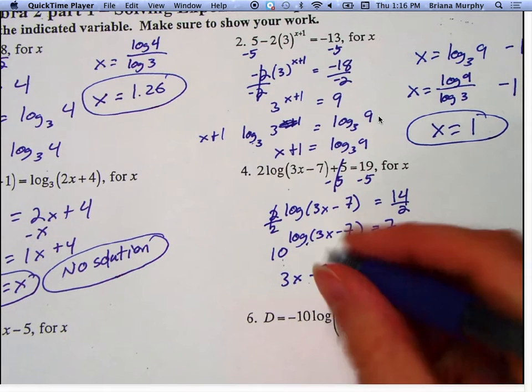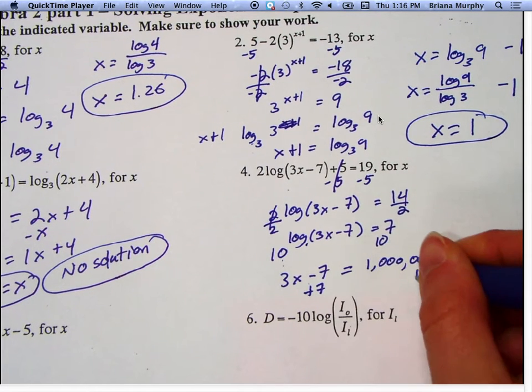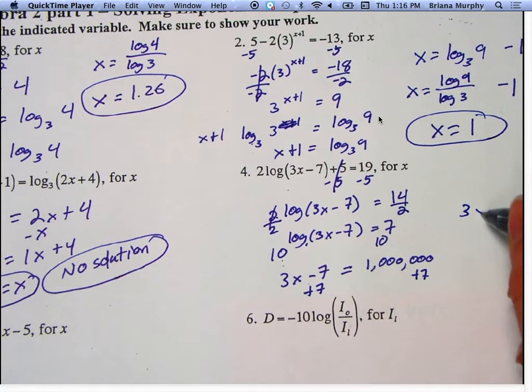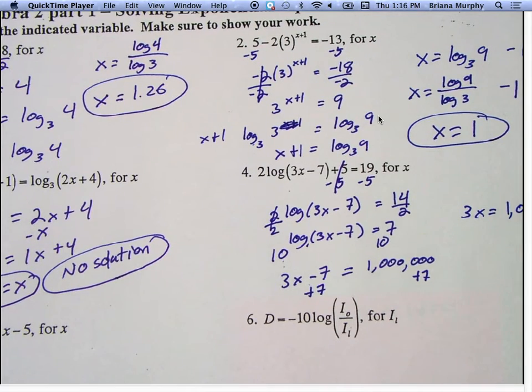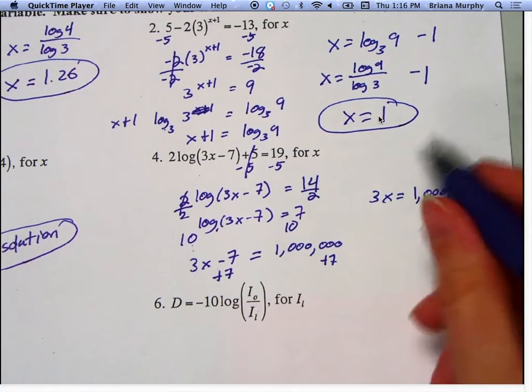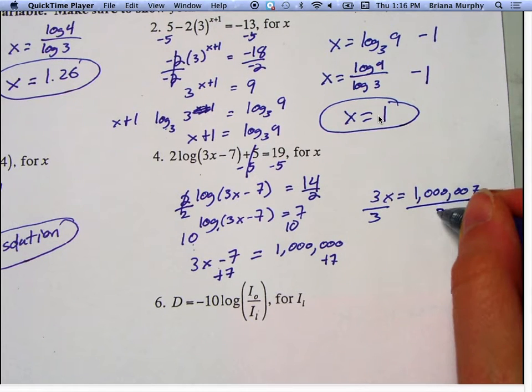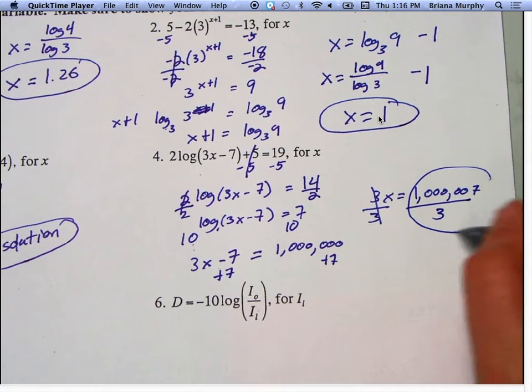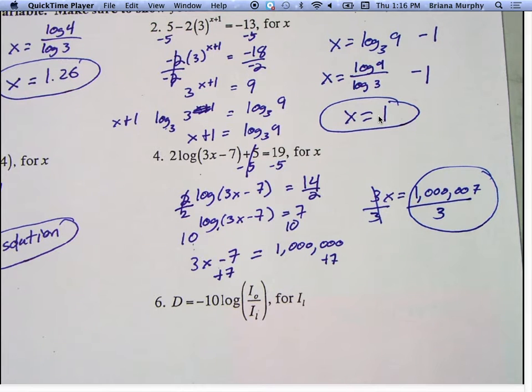Now I've got to add 7 to both sides, and I get 3x equals 1,000,007. And then I just got to divide it by 3. So I'm just going to leave it just like this instead of getting a weird decimal.